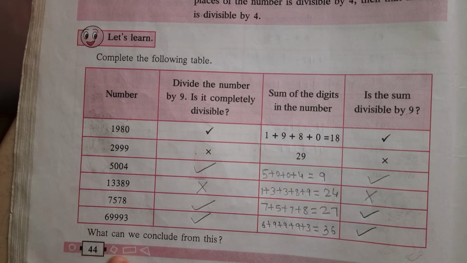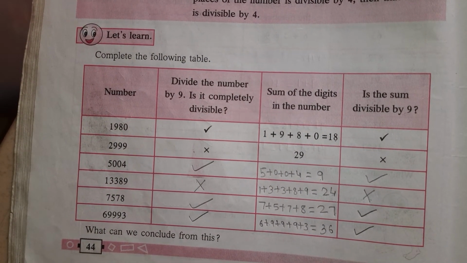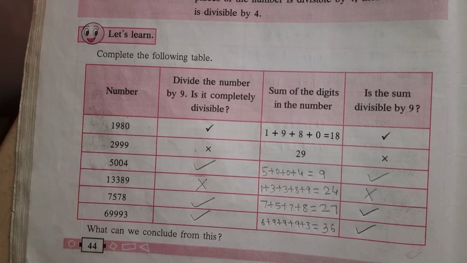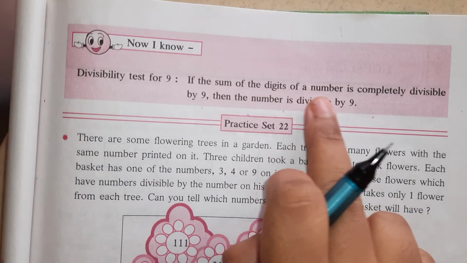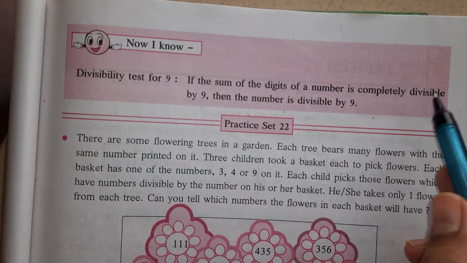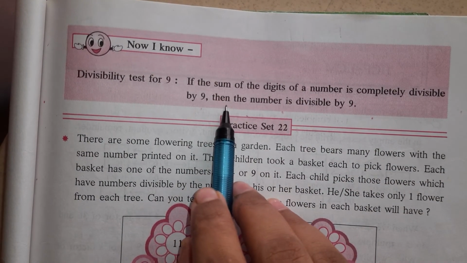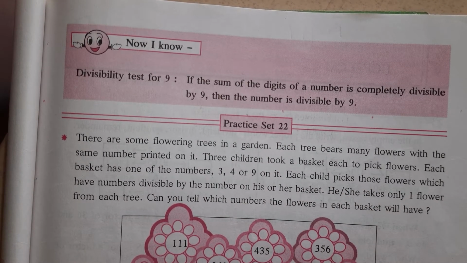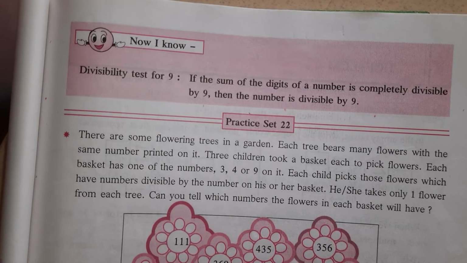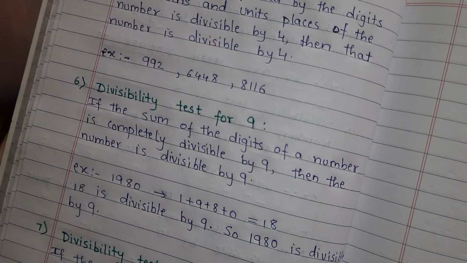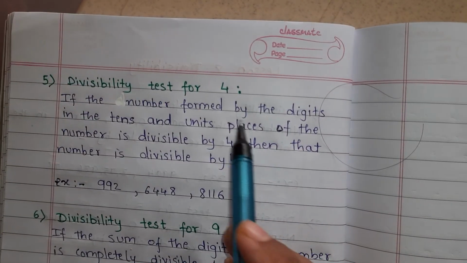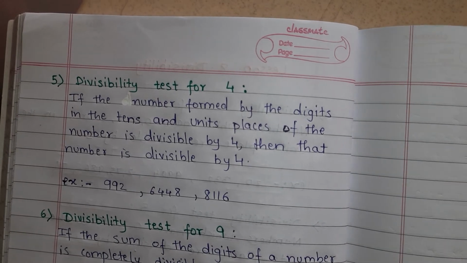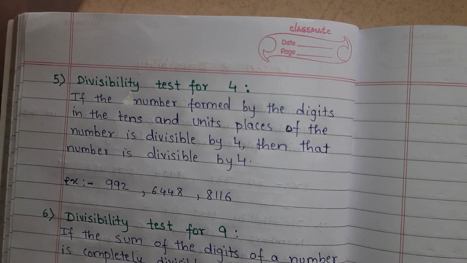So what do we conclude from this? The conclusion is that if the sum of the digits of a number is completely divisible by 9, then the number is also divisible by 9. So for 4 and 9, which divisibility tests have we observed?